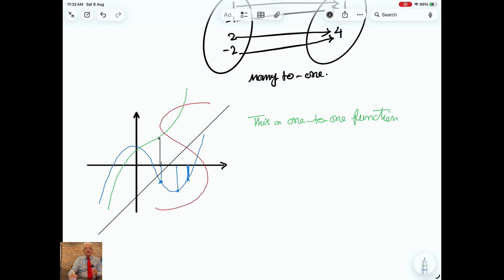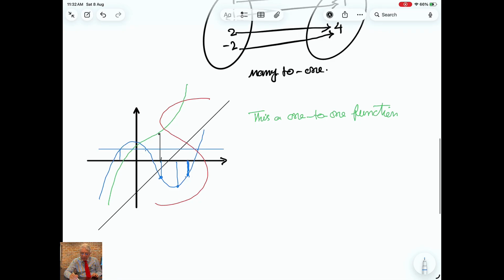Therefore it is a many-to-one function. Therefore, there are different x's having the same y. That means if you draw a line parallel to the x-axis, you can see three different x's, one x here, one x here, and one x here, having the same y. Therefore, the blue one is a function.